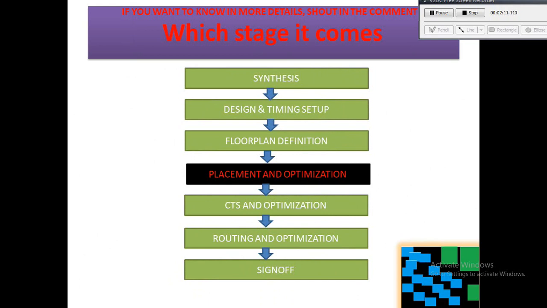If you want to know more about floor plan, please refer to the VLSI Fab floor plan videos, in which I have shown how to do floor plan in tools. Coming to placement, we will be discussing it throughout our presentation, and I tried to give maximum information on the slides. So guys, please watch till the end.